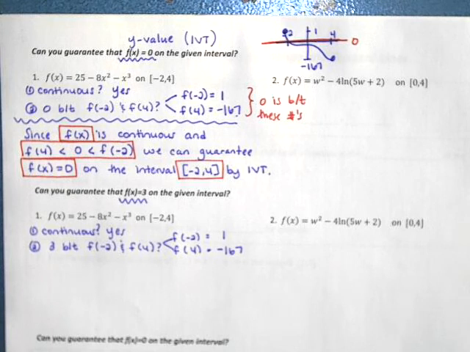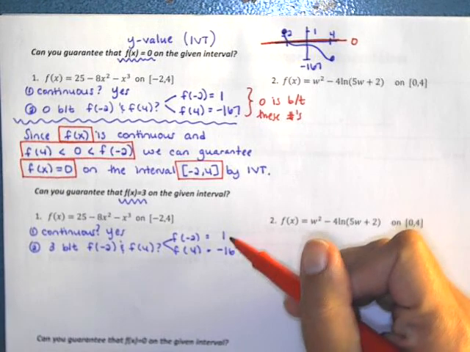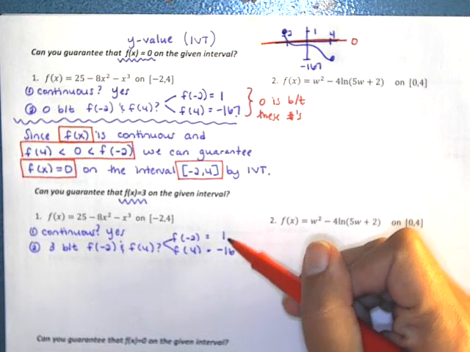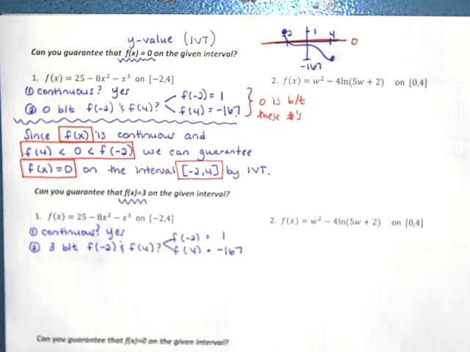Is the number 3 in between these numbers? Well, no. Negative 167 and 1, the number 3 would not be in between there.